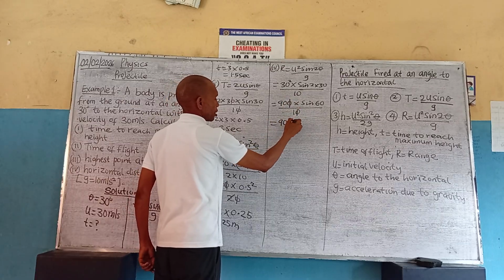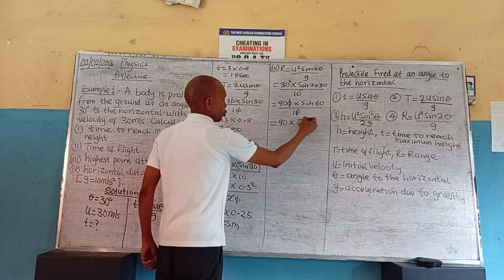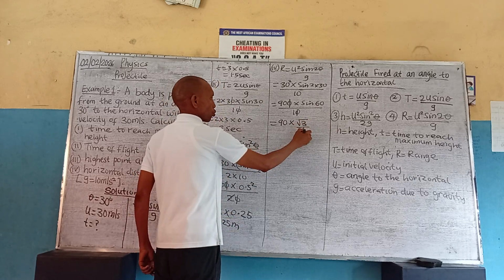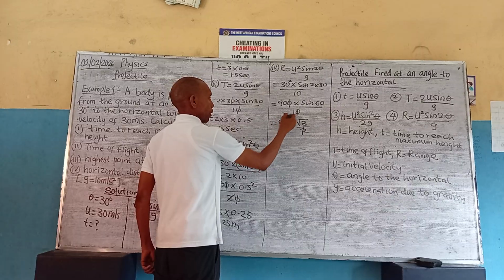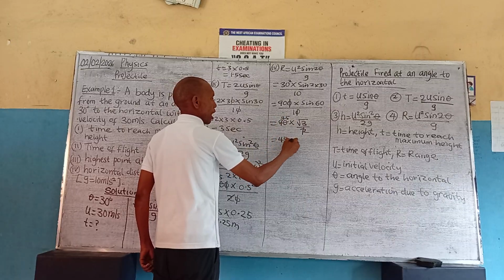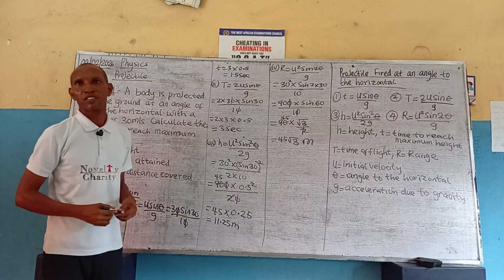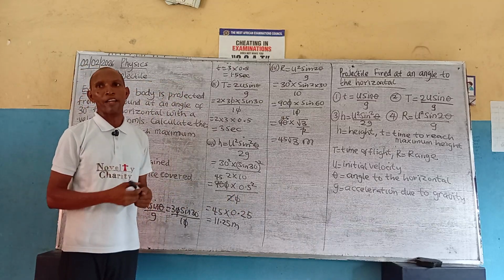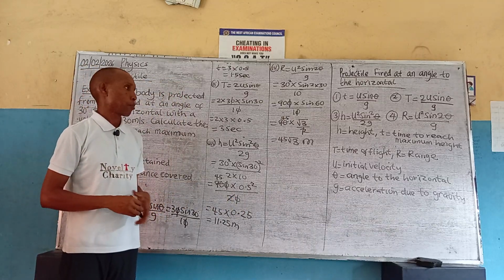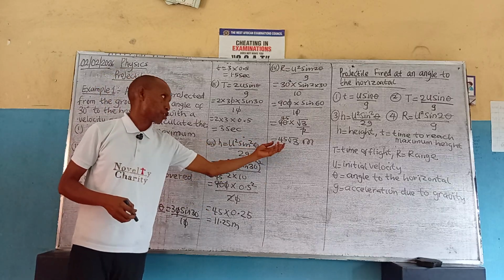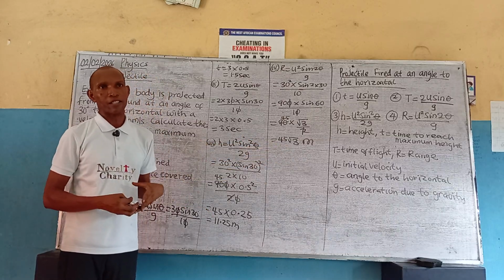That gives us 90 times root 3 all over 2. In short form, 2 here 1, 2 here 45. That gives you 45 root 3 meters. That is the range attained, but you can put your answer in decimals. Look for the value of root 3 and multiply by 45, and you get the answer in decimals.